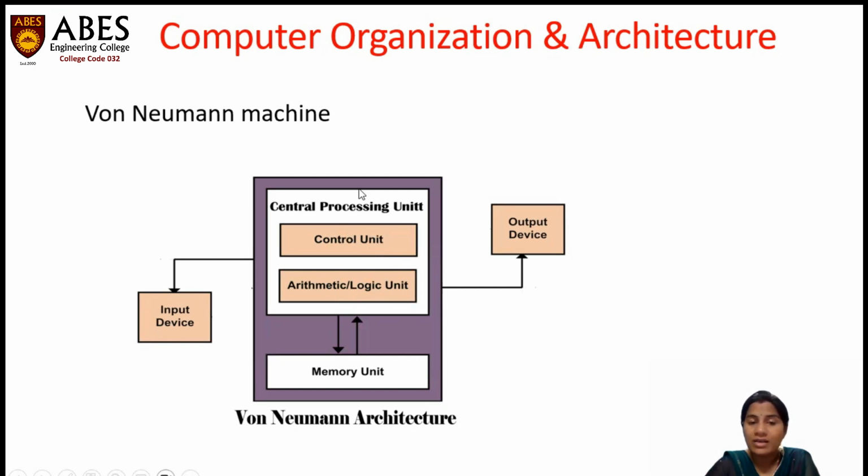These two together make the central processing unit, and this CPU can interact with the memory unit. The memory unit can interact in both ways, bidirectional, as we can see. Here the input is coming into this system, and output is given by output devices. The whole architecture is known as the von Neumann machine.